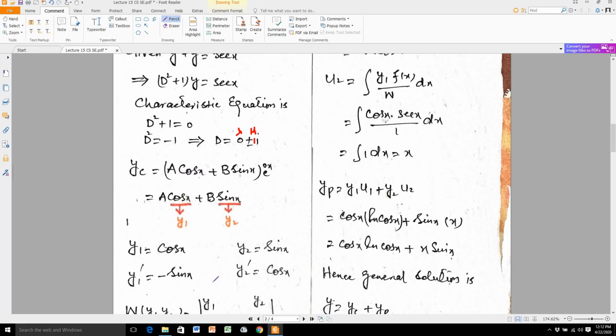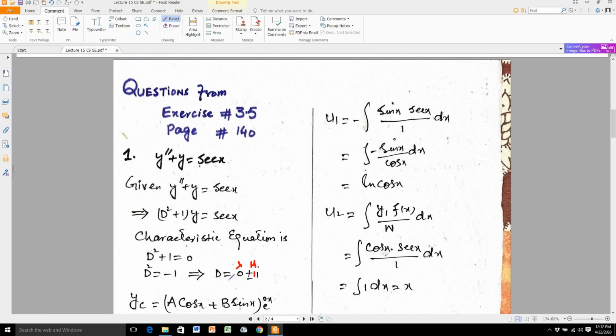So u1 is equal to negative integral y2 f of x divided by W, where W is the Wronskian. Here u1 is equal to minus integral of sin x, and then I substitute here the value of the forcing function, that is secant x, and then write the value of Wronskian, that is 1. So when you simplify this, sin of x, and what is secant? Secant is the reciprocal of cos. So I write here cos.